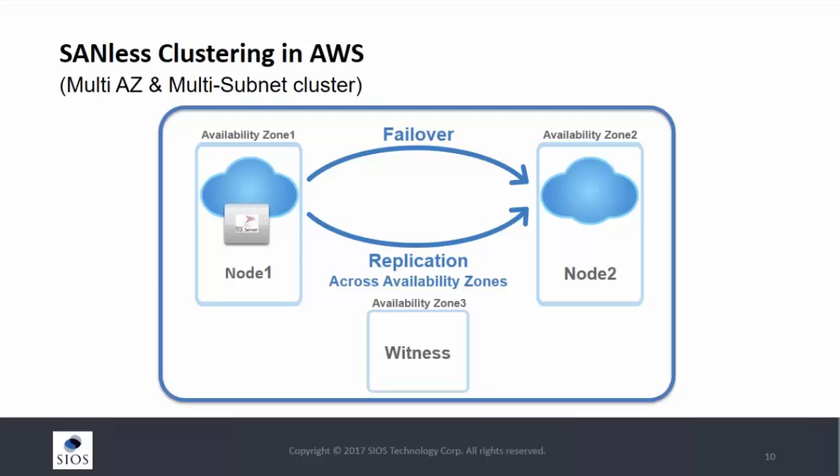SANless solutions give you that ability in the cloud, that flexibility of, once again, being able to choose whether you are going to stick with availability groups and some limited set of feature functionality that it gives you for the cloud, or you're going to go with a failover cluster instance and the additional flexibility provided by storage replication.